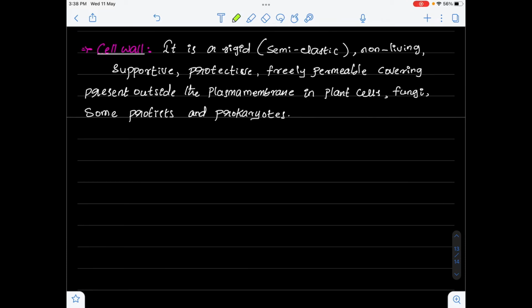Now let us see the cell wall composition in different organisms. In plants, the cell wall is made up of cellulose and hemicellulose.